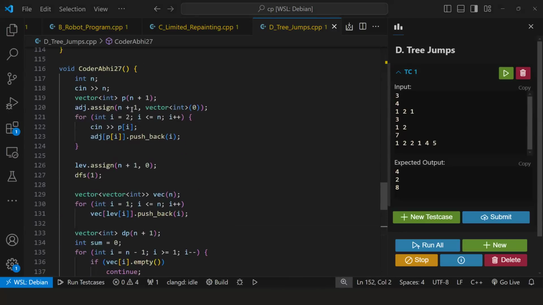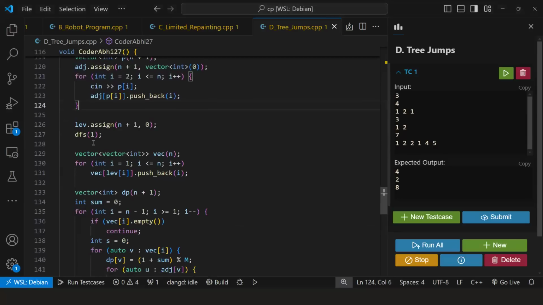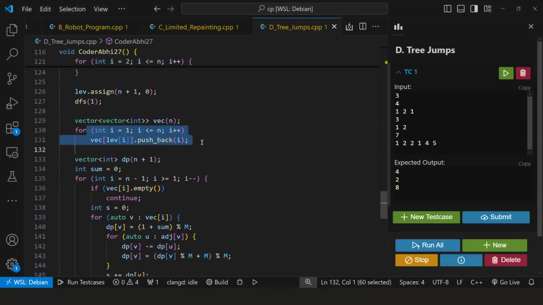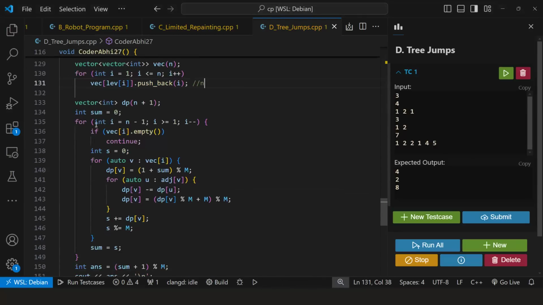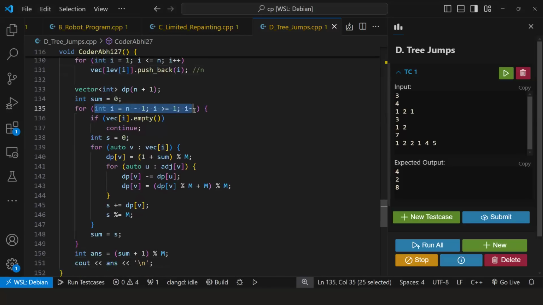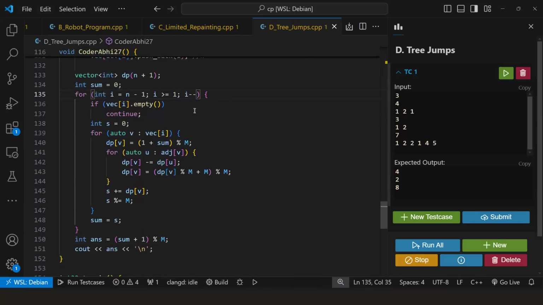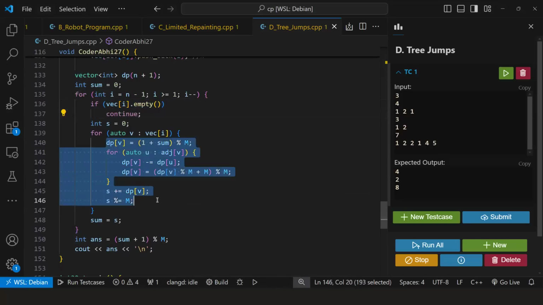If you look at the time complexity, this is all input part, and this whole thing is done in order of n. And then this DP is running n times. What is happening here? For some of the levels, I'll just put a continue. For all the levels, I'm iterating through vec i.